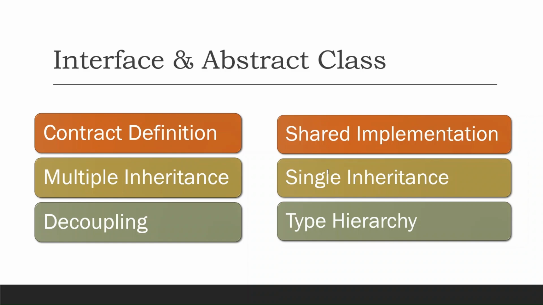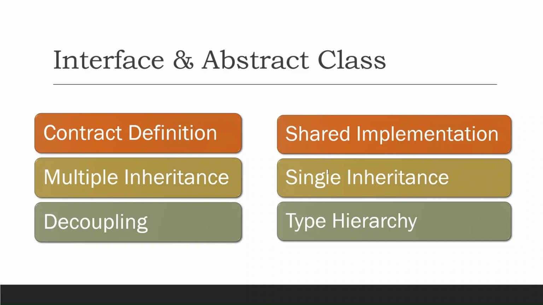For abstract classes, how do they help? They provide shared implementation, or we can say partial implementation. So the implementation of the base class is shared with the derived classes. This is very useful when we have common functionality that should be inherited. Abstract class supports single inheritance.